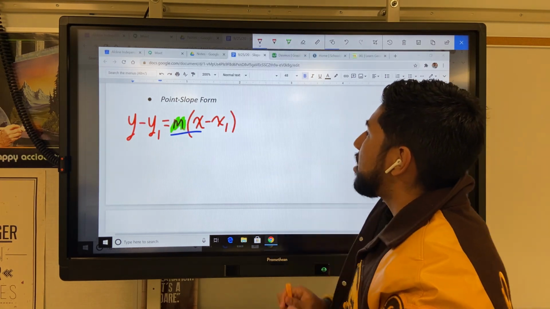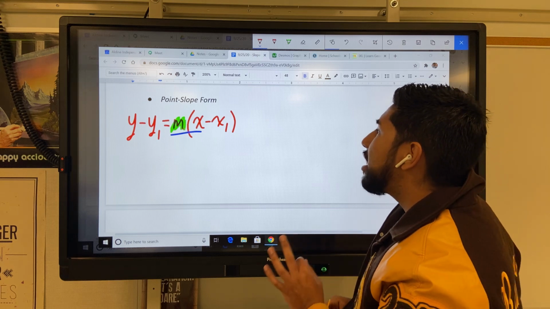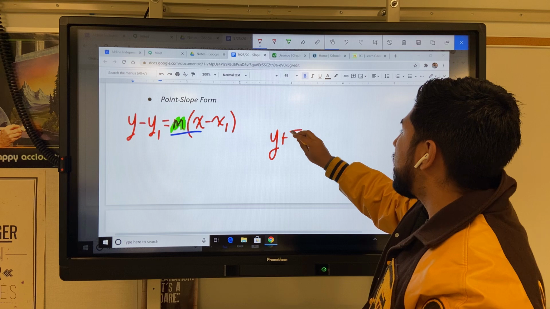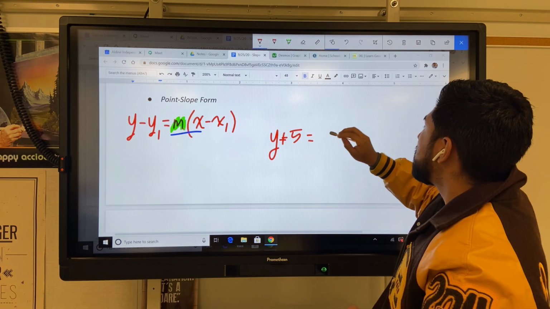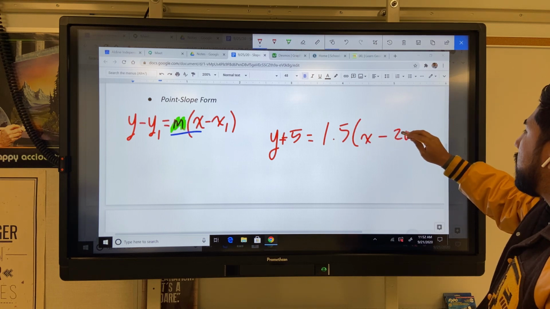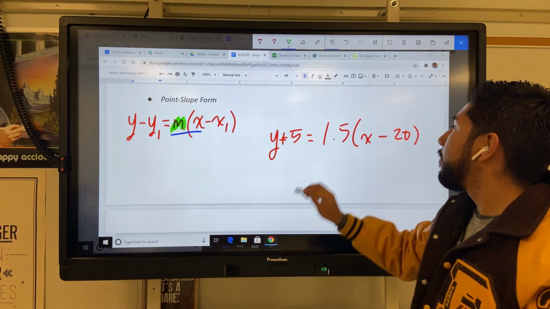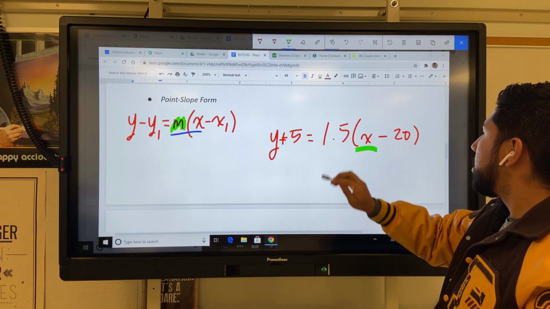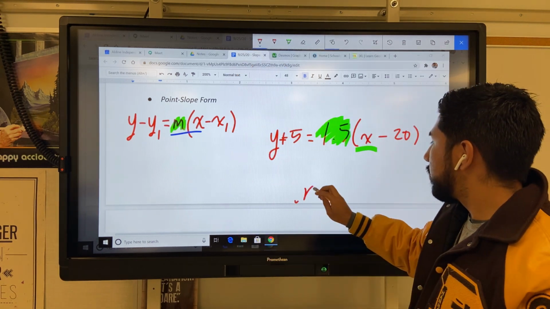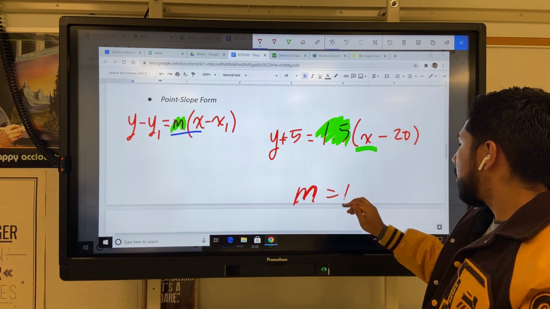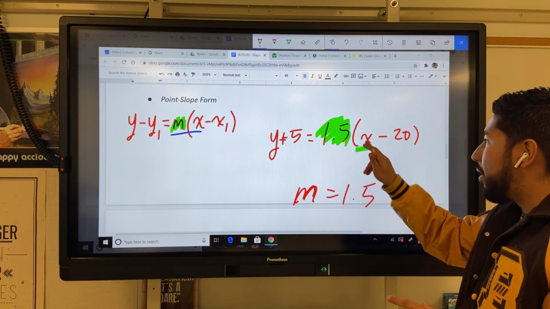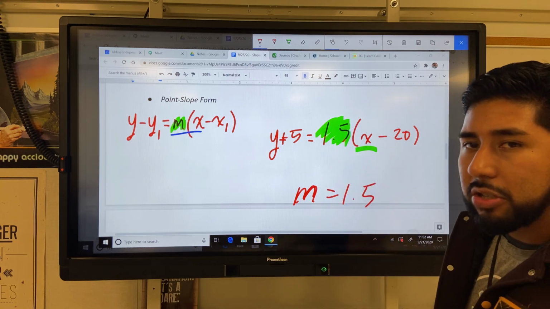I don't think we should do many examples on this because this is probably the easiest one ever. Y plus 5 equals 1.5 x minus 20. What's my slope for the x? Boom, 1.5. That's probably the only example I want to do because you either look at the parentheses or the x and, boom, whatever's in front, that's your slope.